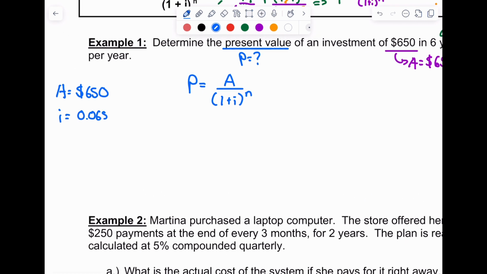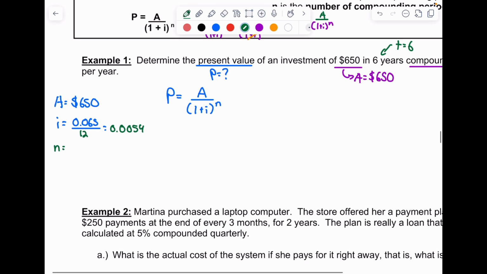That's 0.065. But that needs to be divided by the 12 compound periods, okay? So if I divide 0.065 by 12, that would give me approximately 0.0054, let's leave it at that. That's good enough. Okay, and then our n in this case, we had 6 years, so we have 6 years being multiplied by, again, our 12 compound periods. So 6 times 12, that would be 72.